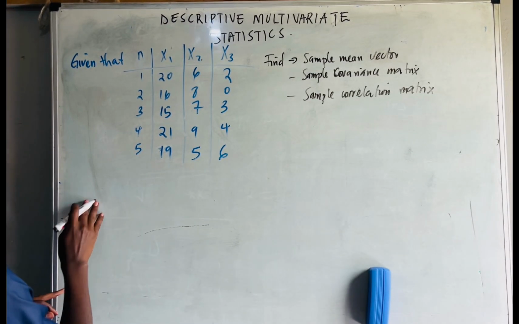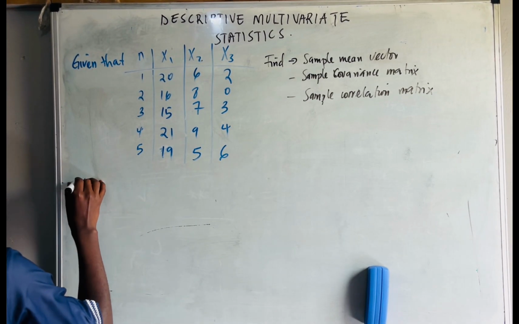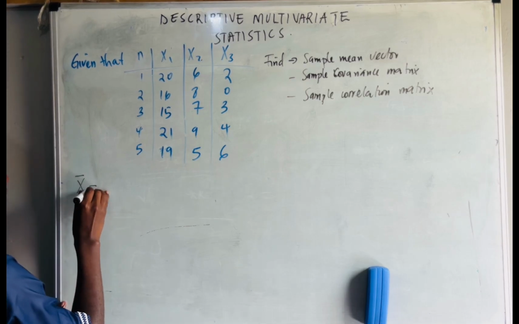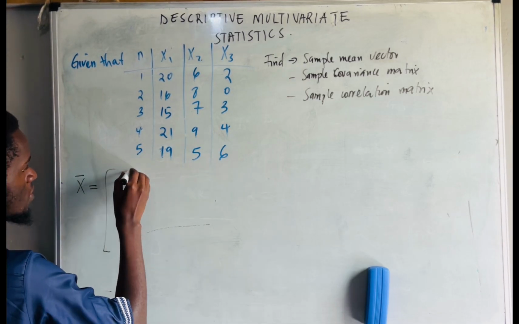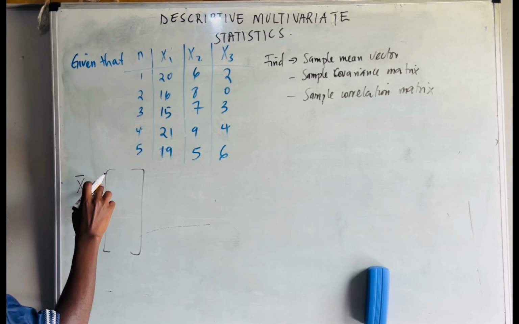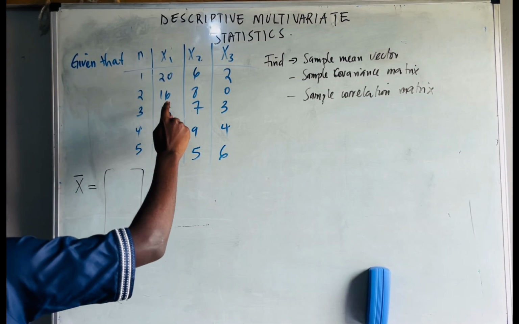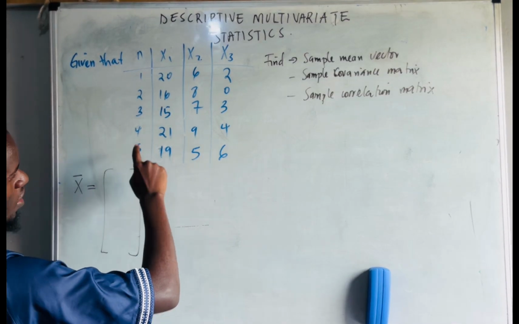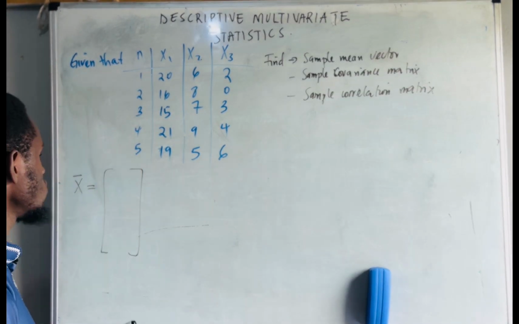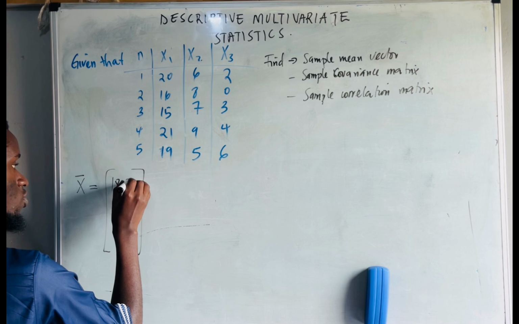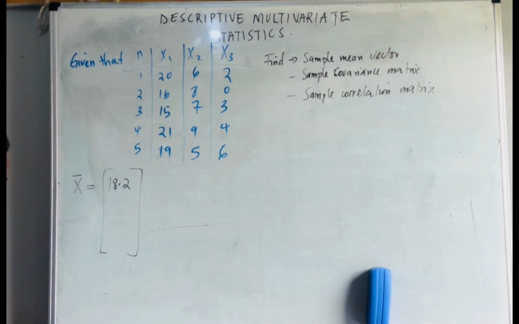The sample mean vector is just a vector of means. Sample mean vector x bar equals the means of the different variables x1, x2, x3. The mean of x1 we get by adding 20 plus 16 plus 15 plus 21 plus 19 divided by 5, which gives 18.2.